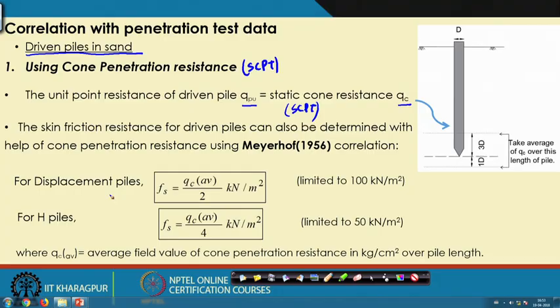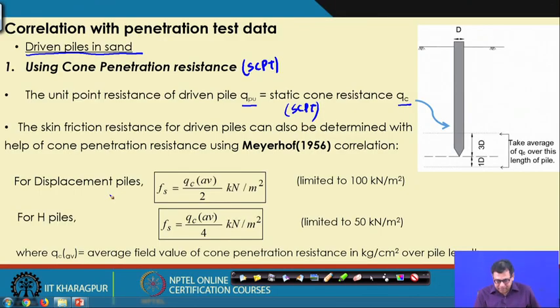There, QC average divided by 2 will give me the friction resistance Fs, and it is limited to 100 kilonewton per meter square. Remember that, because this value cannot be greater than 100 kilonewton per meter square. If it is greater, you have to take 100 kilonewton per meter square.